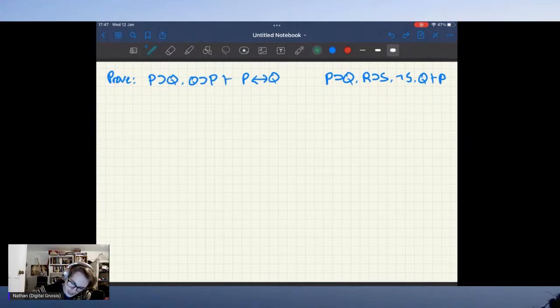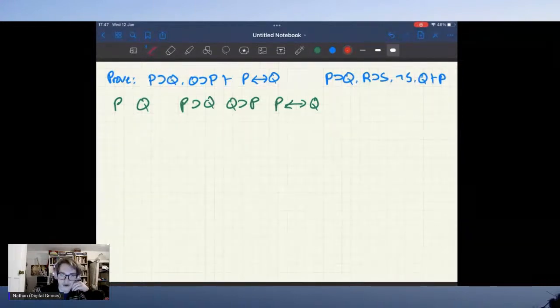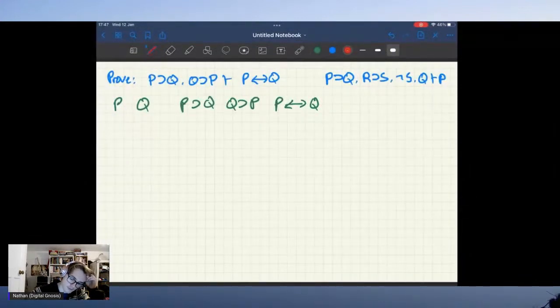So, we only have P and Q here, and then we can write out our premises and conclusion. And what we're hunting for is any model in which the conclusion is false, but the premises can be true.